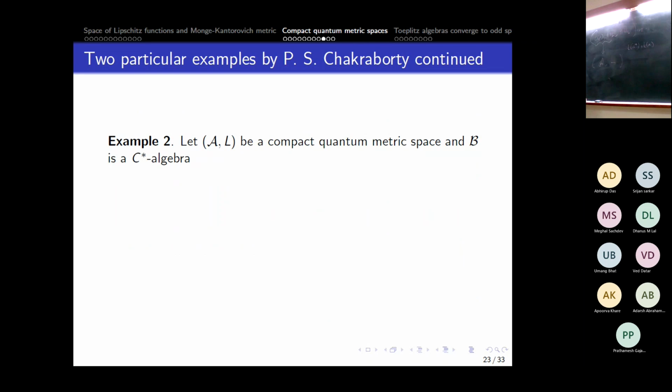Another example is not on any particular space, but it's a method of generating compact quantum metric spaces. Assume we already have a compact quantum metric space, and B is just a C star algebra sitting between the KL2 and A through an exact sequence.